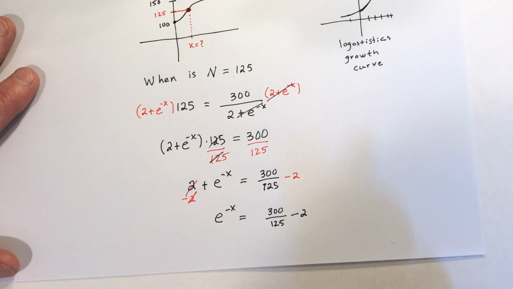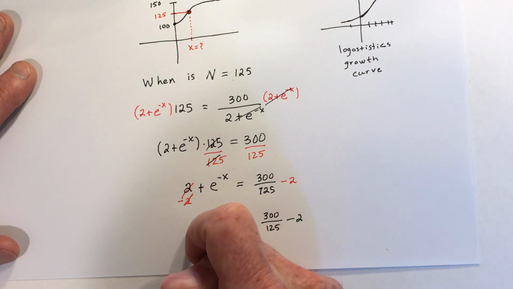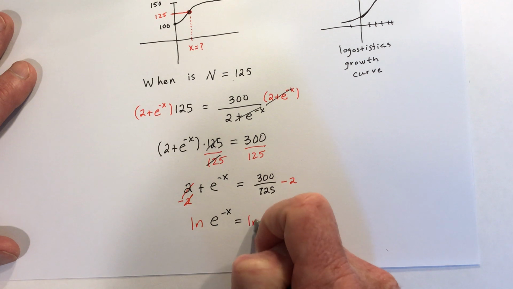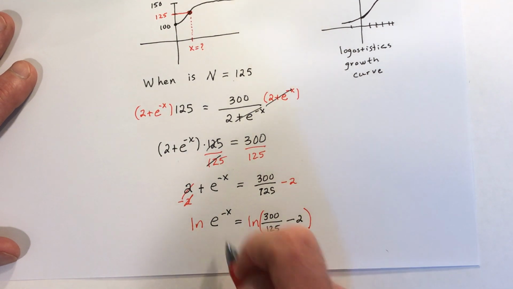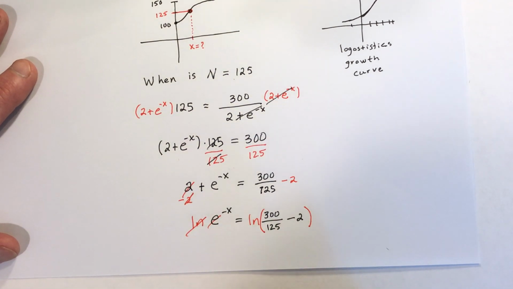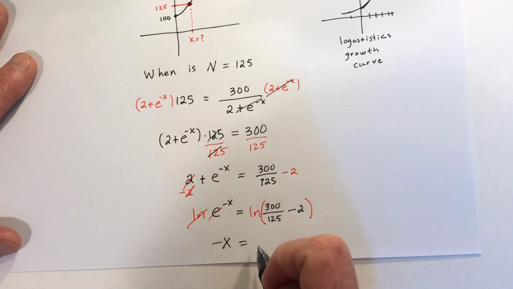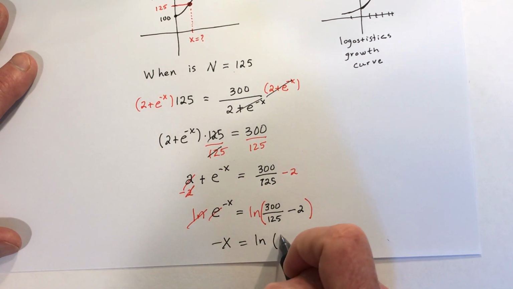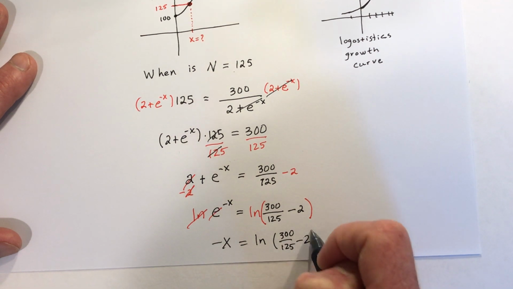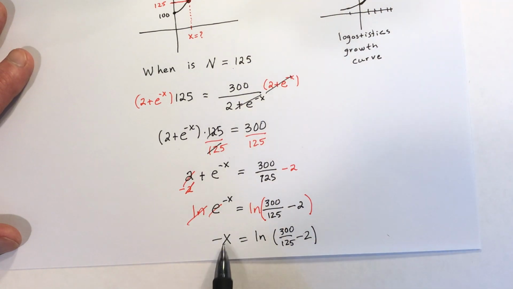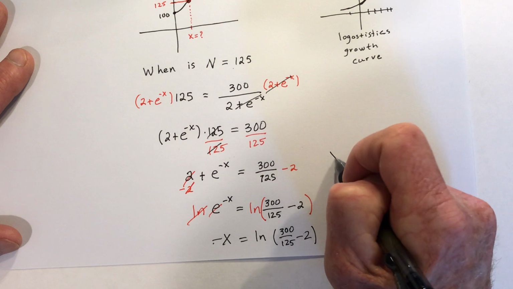And just 2 more steps. One is take the natural log of both sides to eliminate the e. So these are going to cancel. And then how much is this? On the left side, the e would cancel, leaving just negative x equals the natural log of this, which I'm about to type in the calculator. And then for the last step, we'll just need to multiply by a negative to find out what x equals.